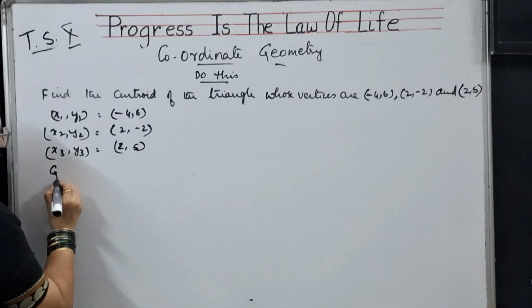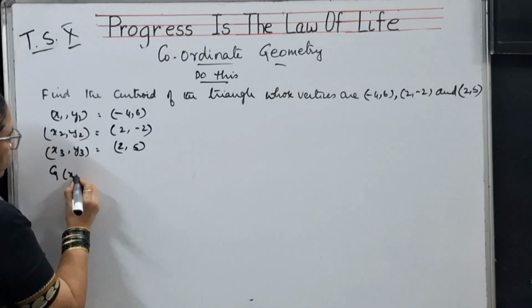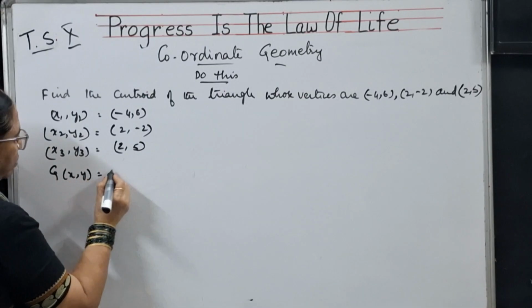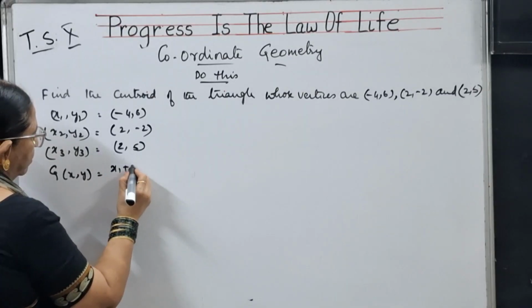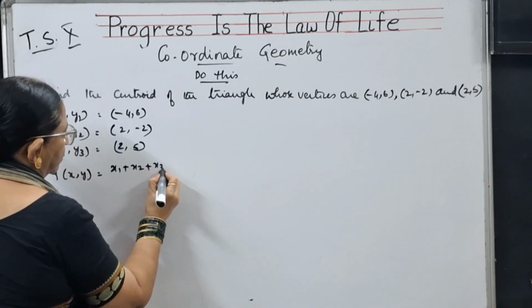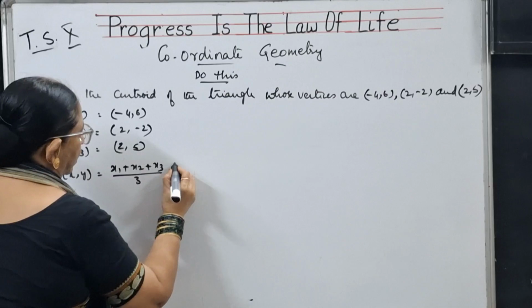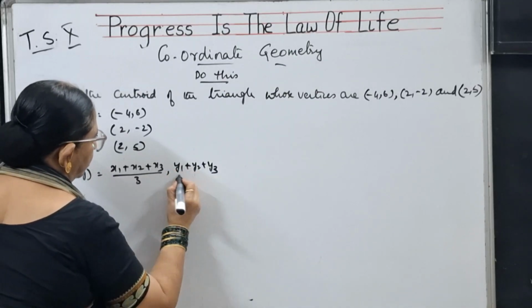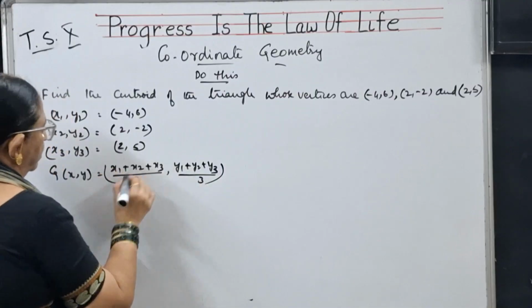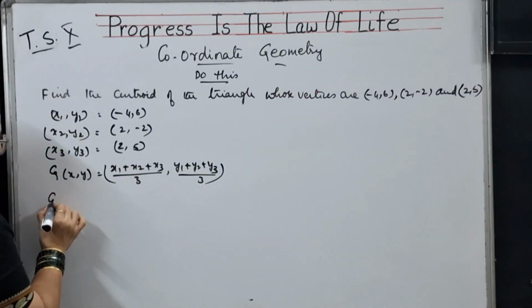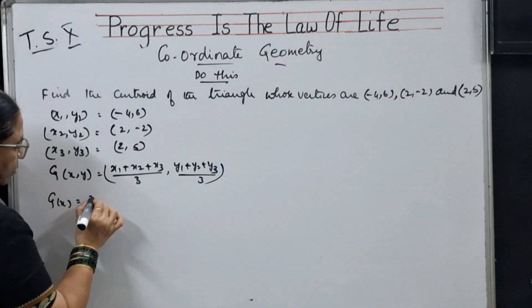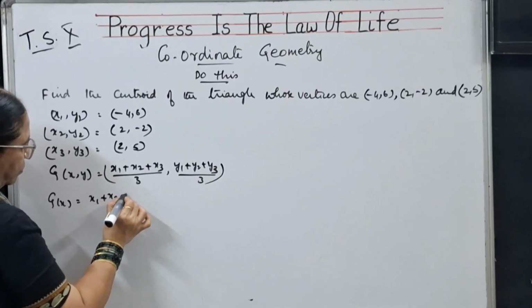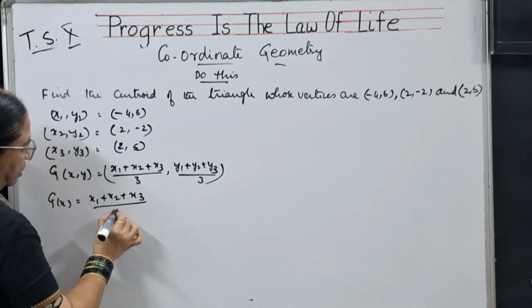Now G of x, y formula is (x1 plus x2 plus x3) by 3 and (y1 plus y2 plus y3) by 3. This is the formula. Each one we will do separately. G of x is equal to (x1 plus x2 plus x3) by 3.